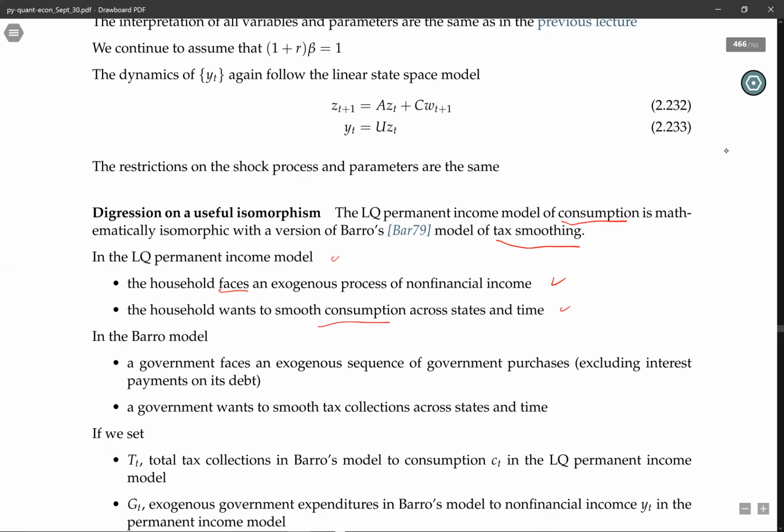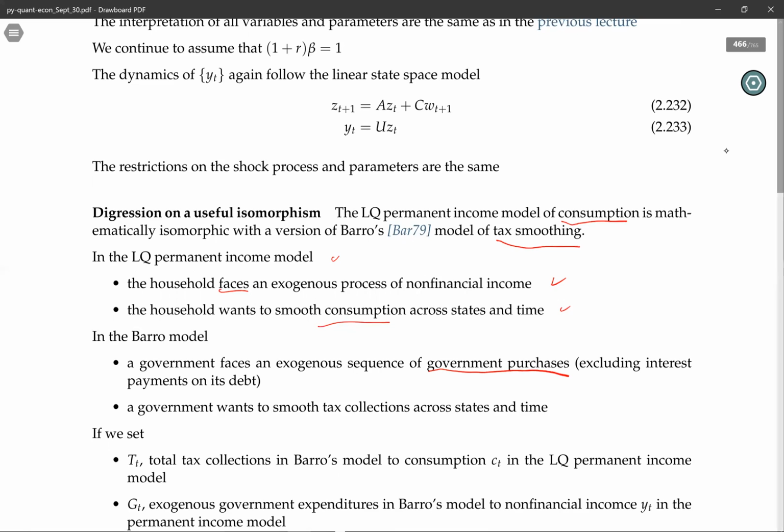So here's what Barro's going to do. There's going to be a government, and it's going to face an exogenous sequence of government purchases that it has to finance. So these wars are just going to be exogenous, with periods when there's wars, just like I showed you in that graph for England.